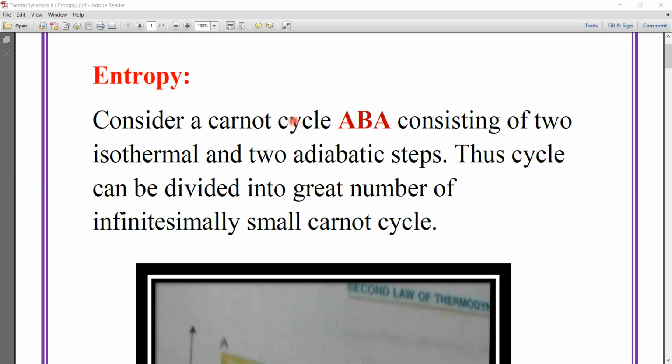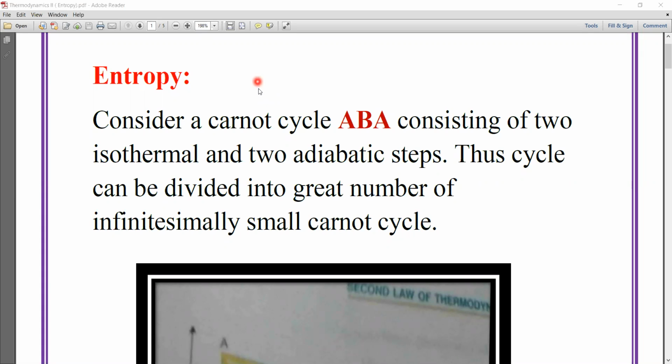We have also proved them. Then efficiency of Carnot cycle is equal to T2 minus T1 upon T2, and work done is given as W upon Q2 is equal to T2 minus T1 upon T2.